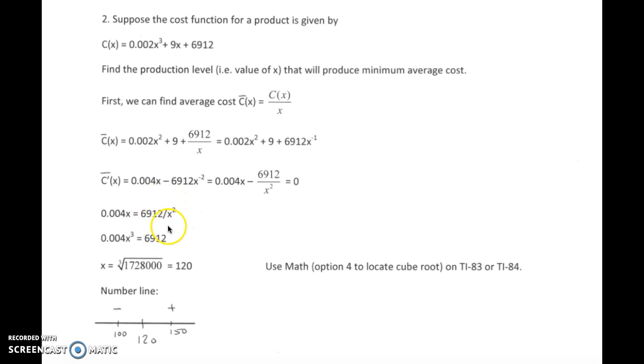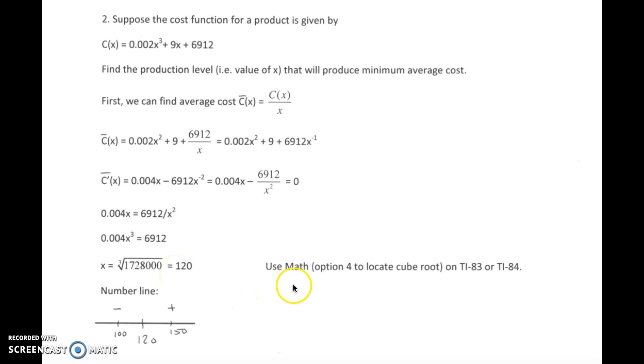I can multiply both sides by x squared, which gives me this cubic on this side equal to just a number. And then I have to divide by the 4,000th, and then cube it. Okay, and when I put this in my calculator, I end up with the number 120.